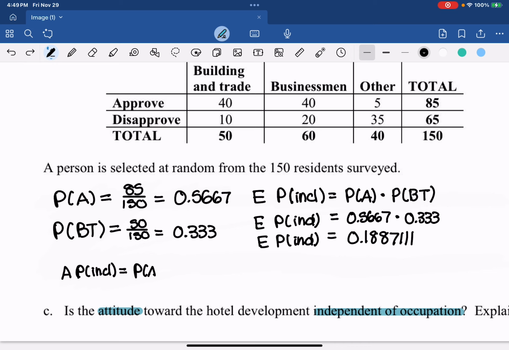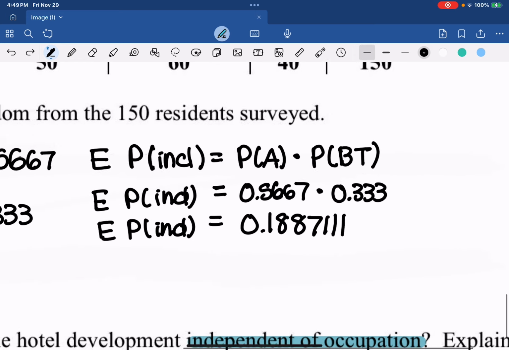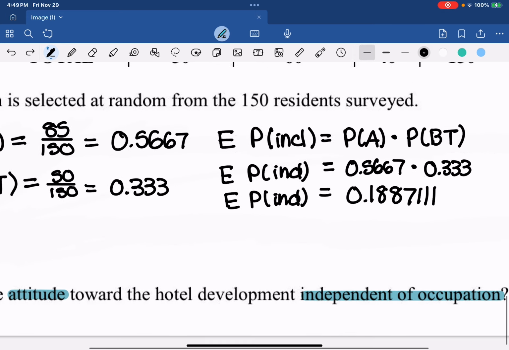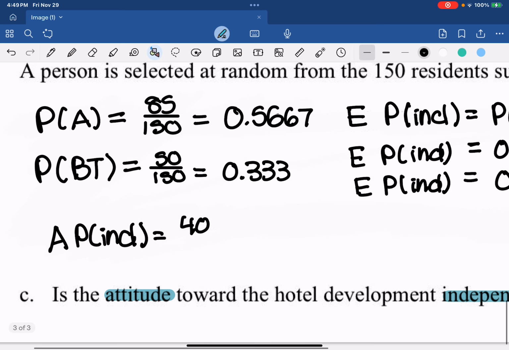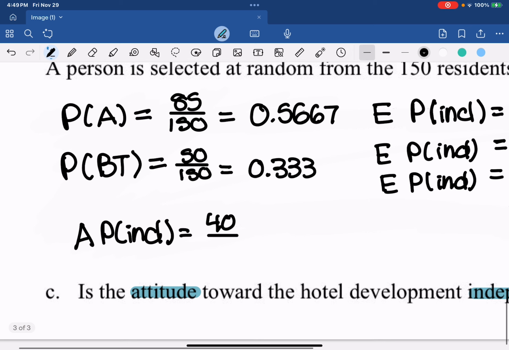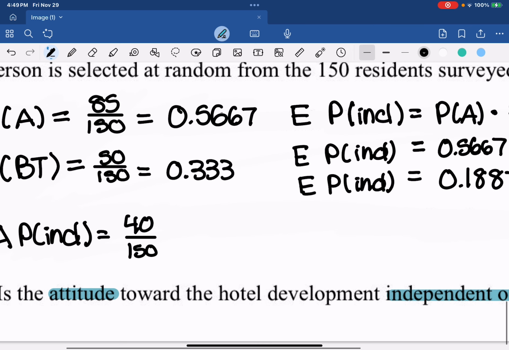So since we get this, our actual value of P independence is 40 over 150, and that actually equals 0.2667. It doesn't equal that.